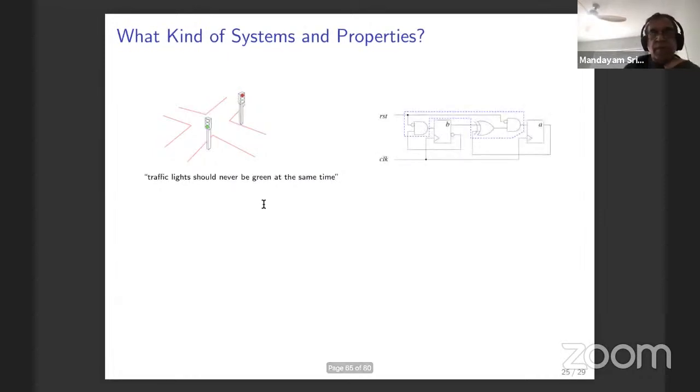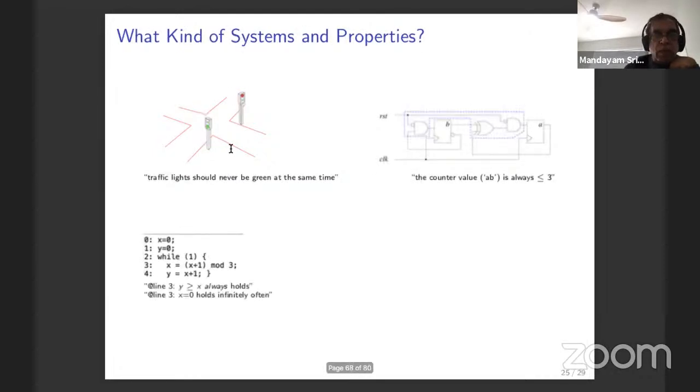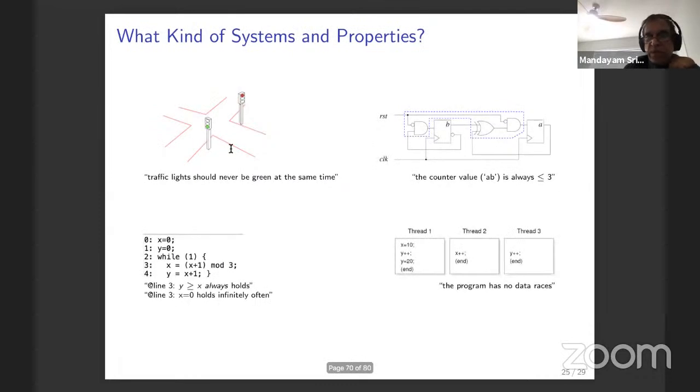So we have these systems. Traffic lights should never be green at the same time. What I mean by labels here is, for example, these atomic propositions could be about a state.